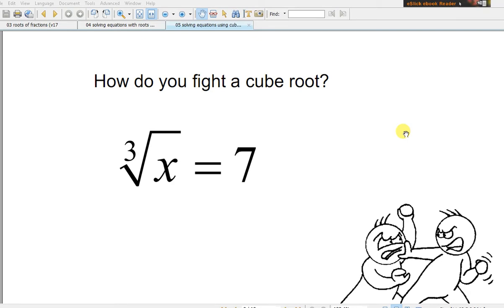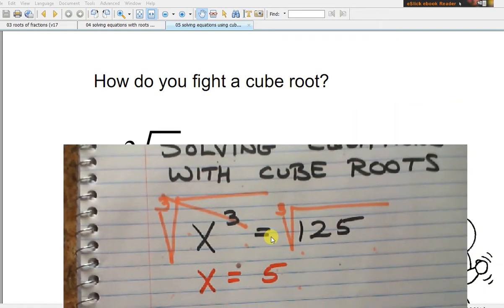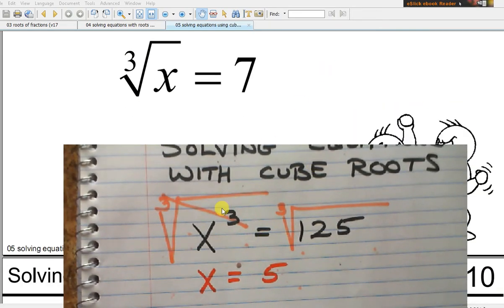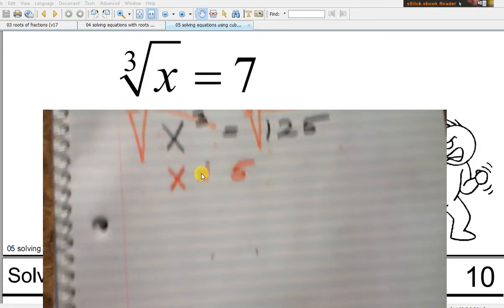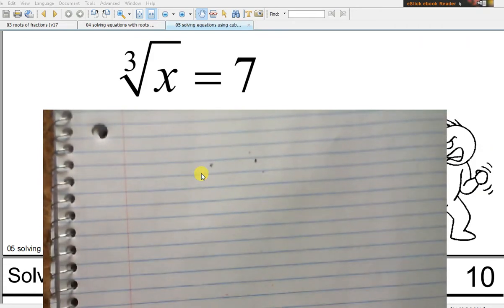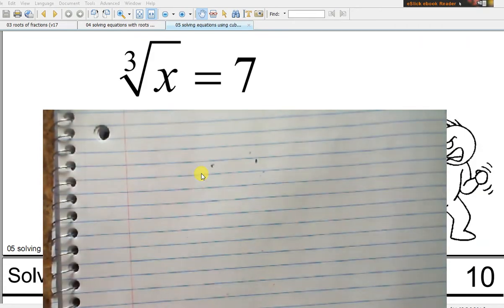This one's a little bit different. How do I fight a cube root? In the last problem, we fought a cube. How do I fight a cube root? A little bit different type of problem here.